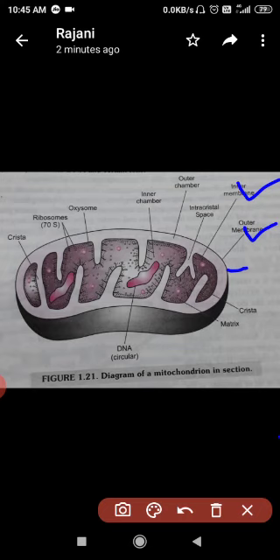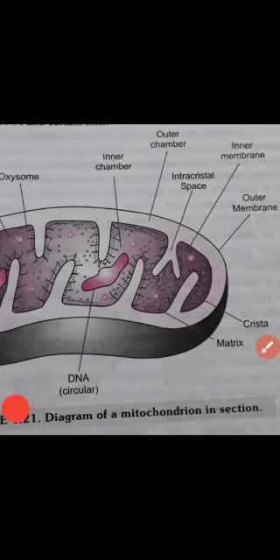That space is known as the intermembrane space. I am zooming in more to make it clear. This is the space between the outer and inner membrane.